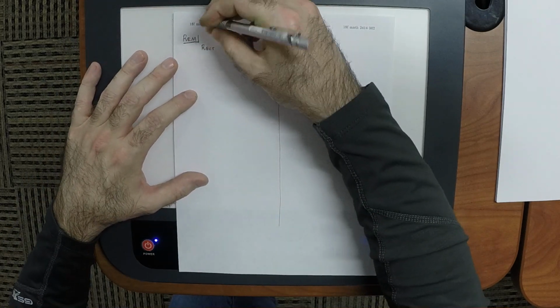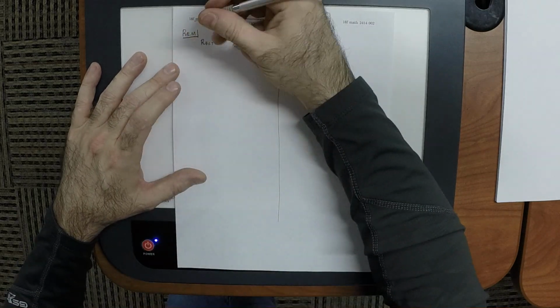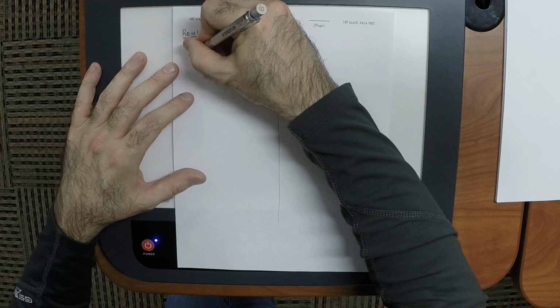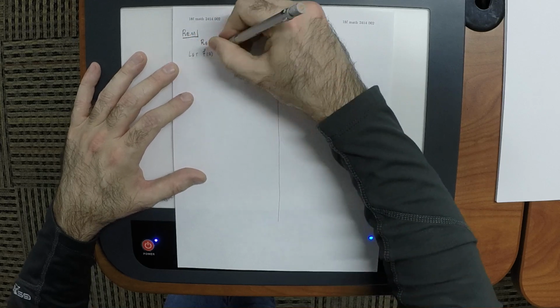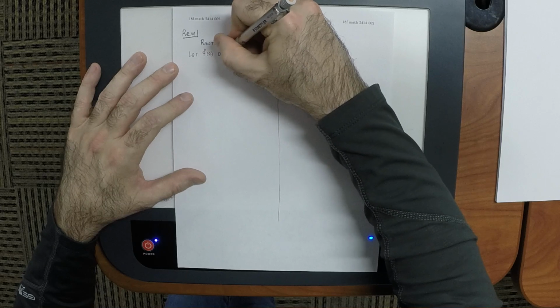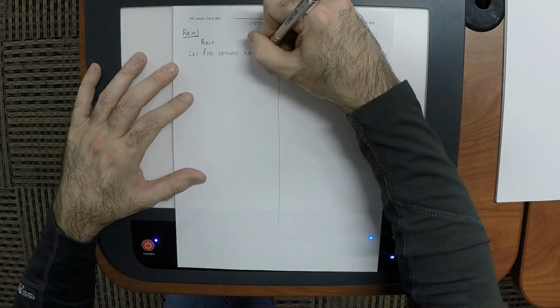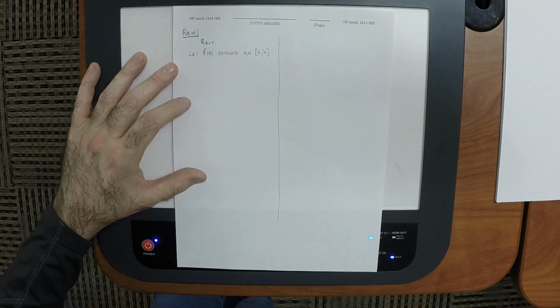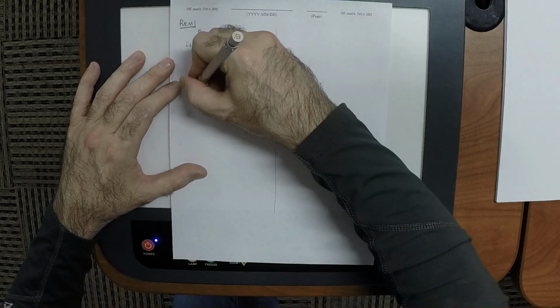This is something that you know already, and that is that if I say let f of x be defined on a to b, then I can draw a picture.